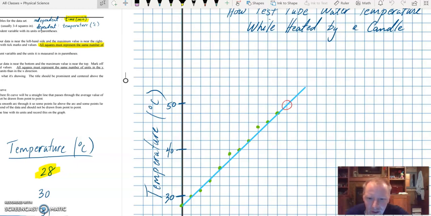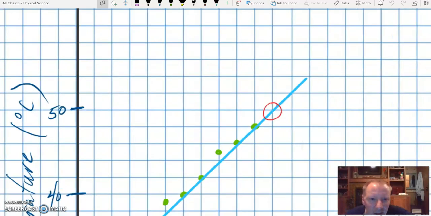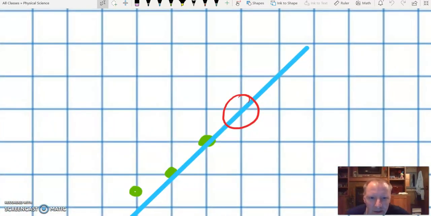Now, I've got a fair number of them that are awfully close. I want to find one over on the right-hand side and one over on the left. And again, just like this one, I'm looking for a place where my line goes through across on the graph paper. That'll make those numbers easy to read.